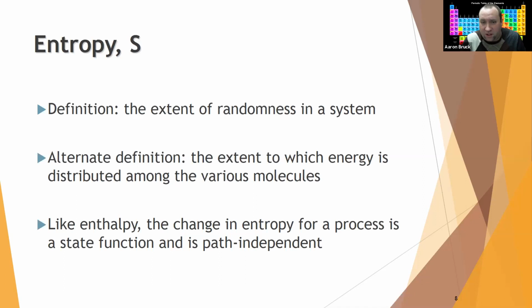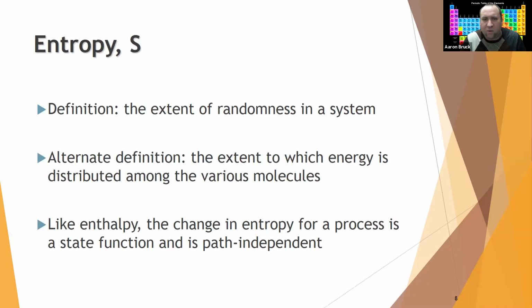And so to better understand the phenomenon in general, what we need to do is get into an idea called entropy. By definition, entropy is the extent of randomness in a system. That set of words brings about some interesting thoughts, because when we think of something being random, we think of it as being unplanned.